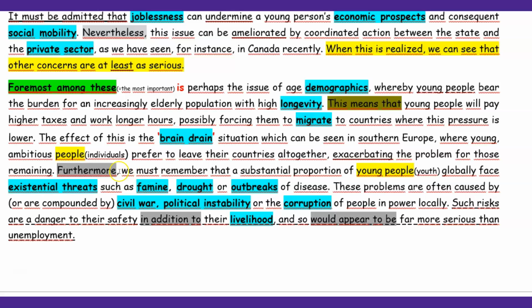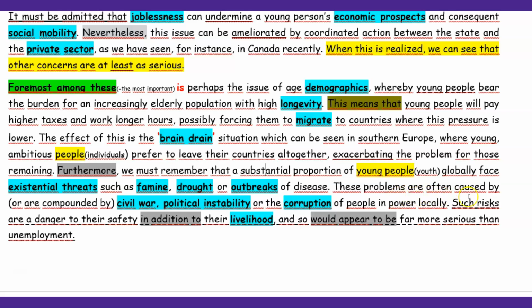Furthermore, additionally, we must remember, avoiding personalism, that a substantial proportion of youth, I don't want to repeat the same vocab, a considerable percentage of youth globally face existential threats which affect their life, such as famine, drought, outbreaks of diseases, or we can say ranging from famine, drought to outbreaks of diseases, right?